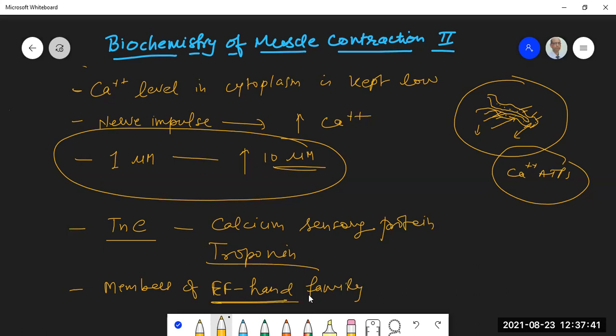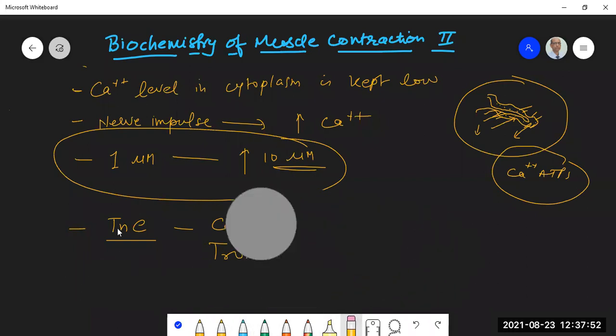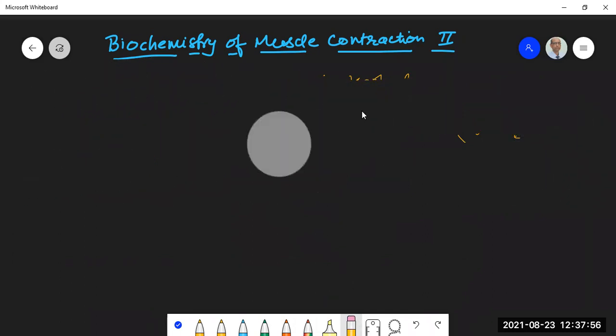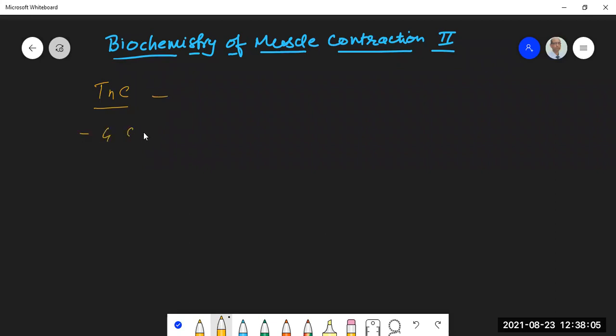So this calcium sensory protein TnC also has EF-hand motifs in its structure, and it has four calcium binding sites.